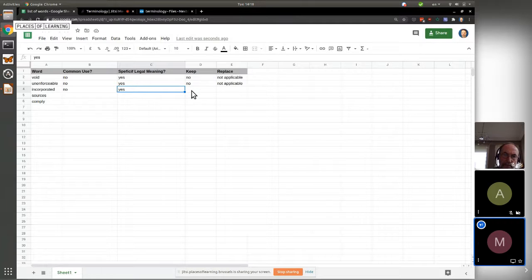I said yes, it has a specific legal meaning, but I don't think the reader is disadvantaged if they do not know the word incorporated. So we can just replace this word with an alternative that is more simple, like joint.